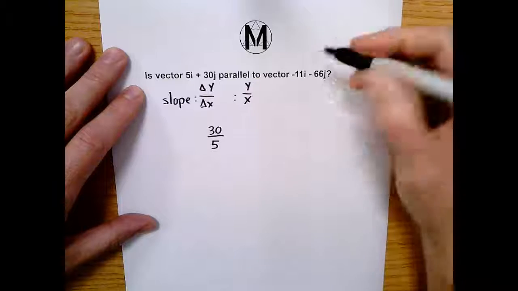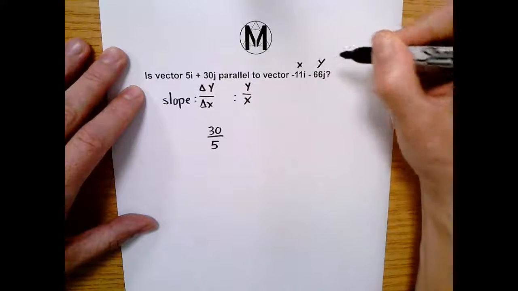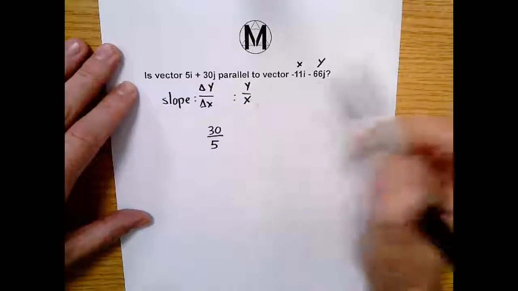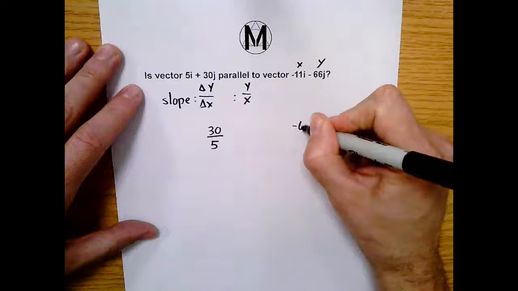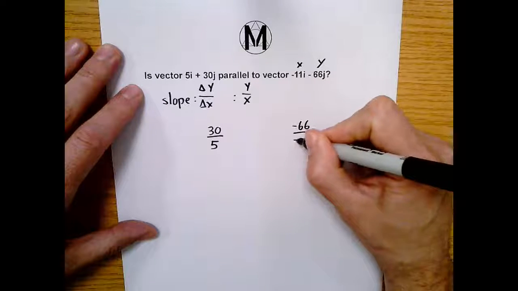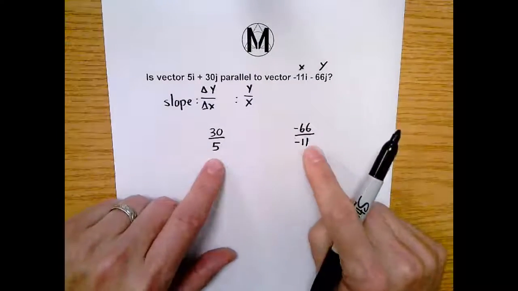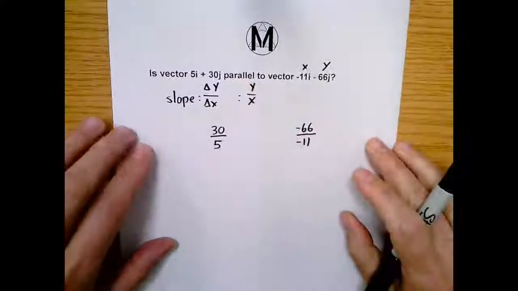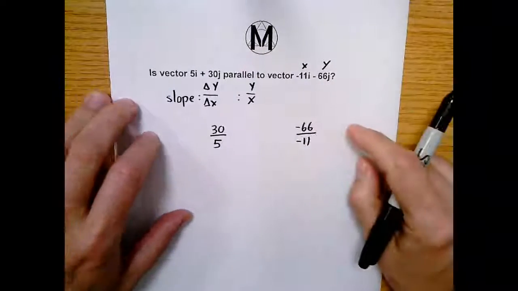Same idea, understanding that the i is x and the j is y, and slope is y over x, I'll put in negative 66 over negative 11. The question is, if these slopes are the same, then yes, they are parallel. If these slopes are different, then no, they are not parallel.